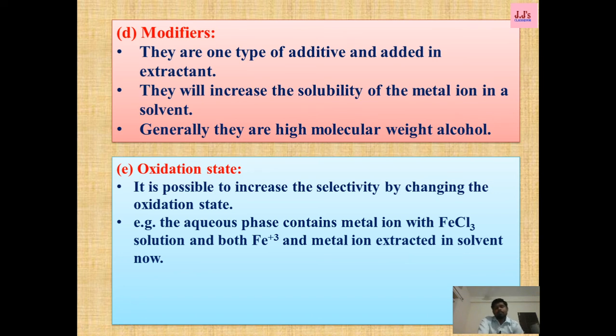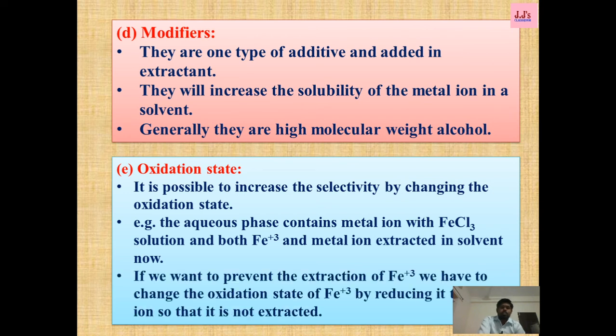If I want to prevent the extraction of Fe plus 3, then I simply change the oxidation state of Fe plus 3 by reducing it to Fe plus 2, and Fe plus 2 does not undergo extraction. So that's how I change the oxidation state of Fe plus 3 into Fe plus 2.